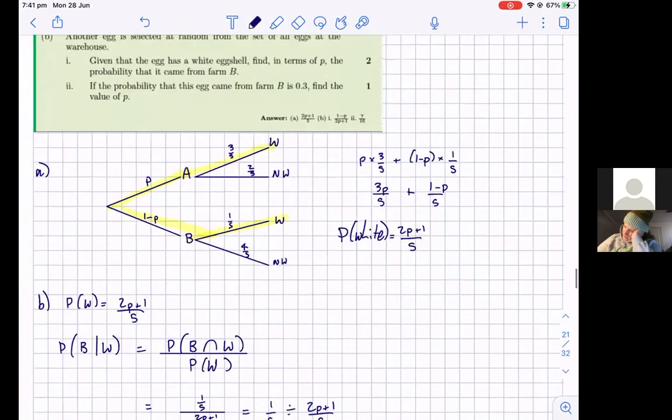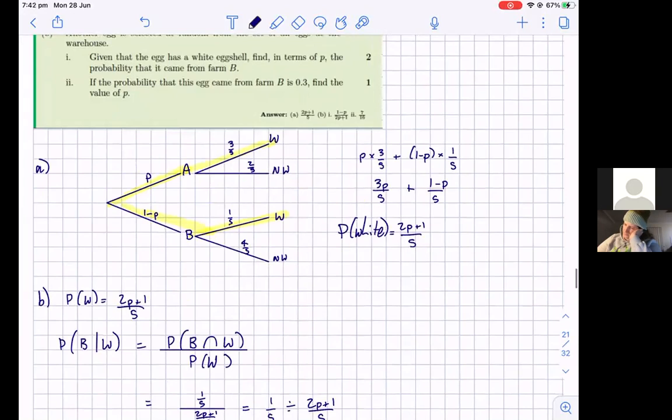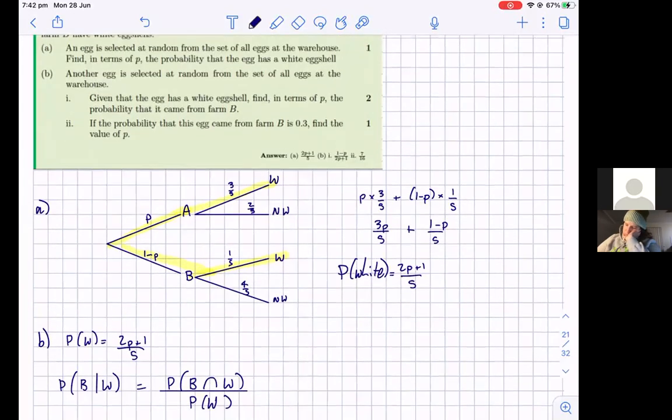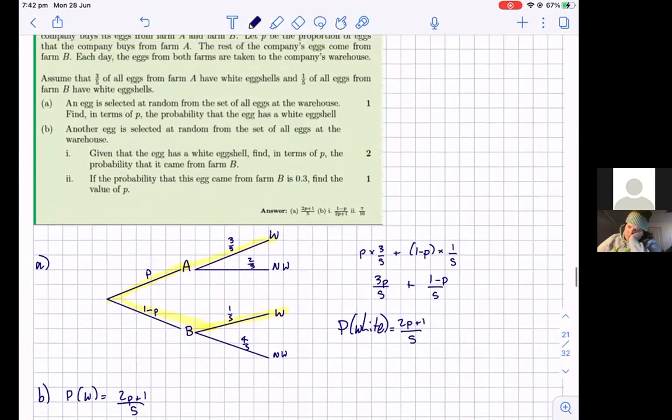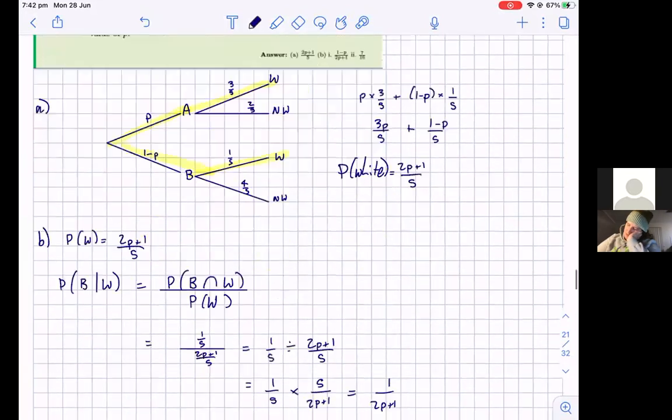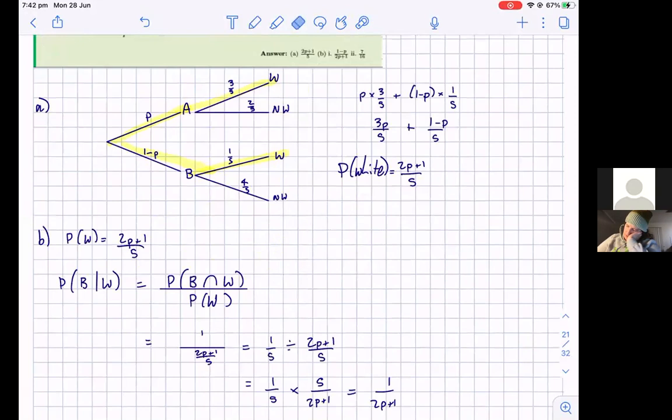What have I not thought through? Oh, this isn't just 1/5. It's 1 take P times 1/5, which means I've got 1 take P on the top here.